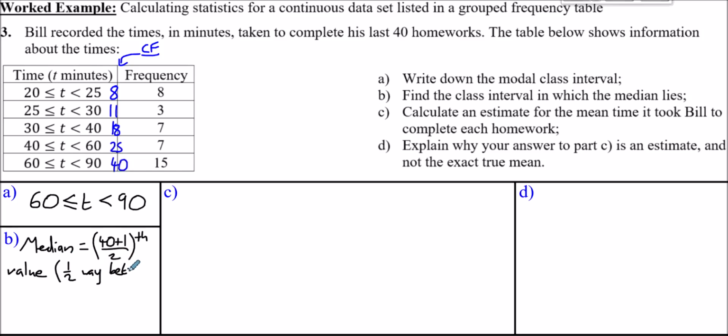So it's very unlikely we'll need to consider this. All we need to know is find out where the 20th and 21st value would be. And we use the same idea as before. So we just look at these cumulative frequency numbers and we stop at the first value which exceeds 21.